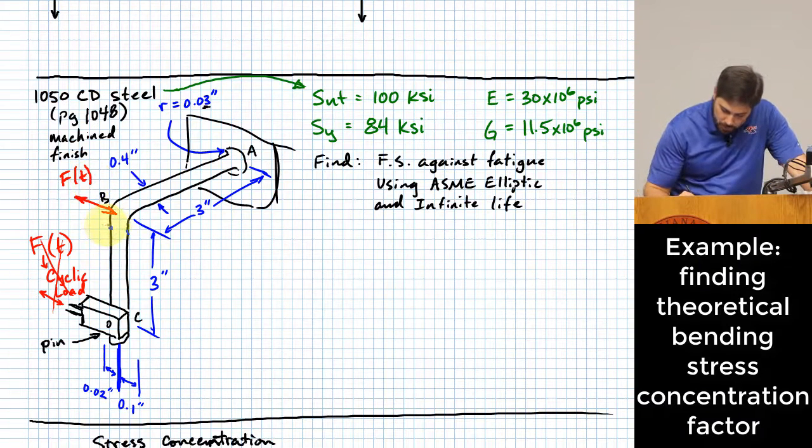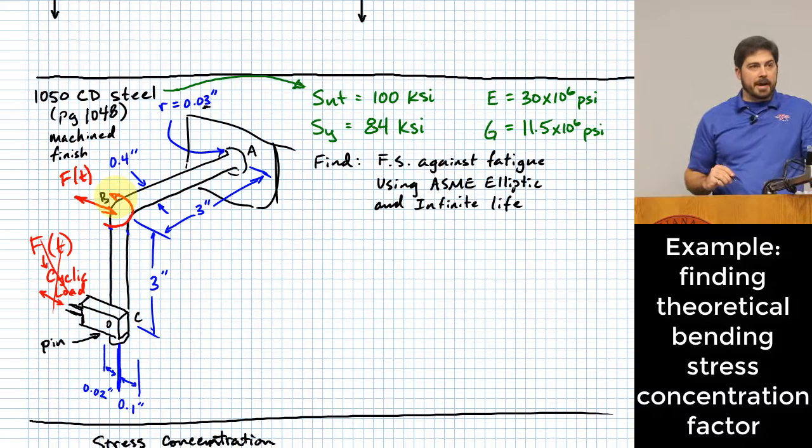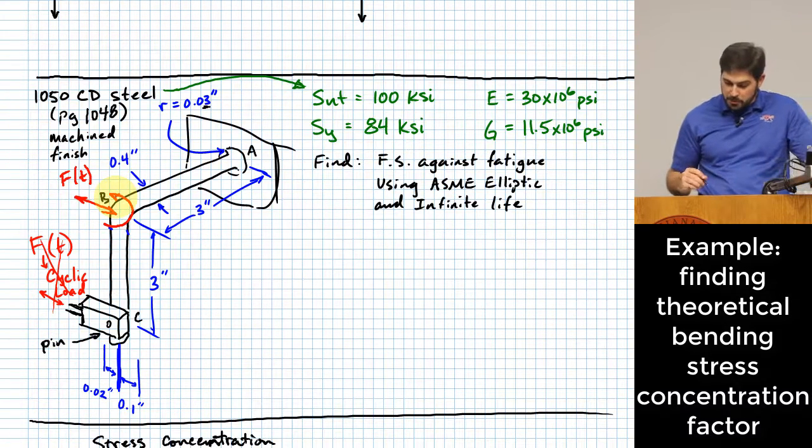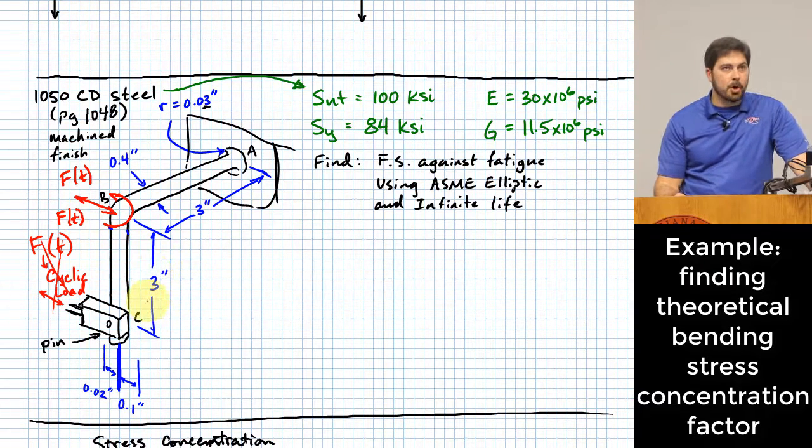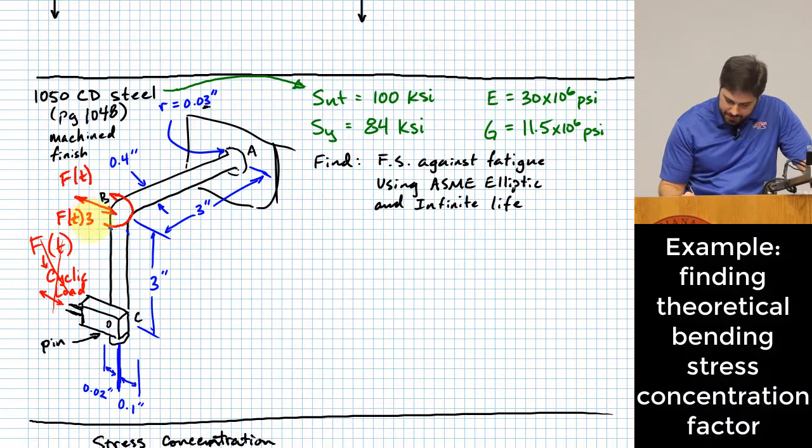Okay, along with a twisting action that happens around that rod. Right? And what would that twisting action, the actual magnitude of that, what would it be? Yeah, it would be that F value, which is a function of t, times the length of that moment arm, which would be 3 inches.